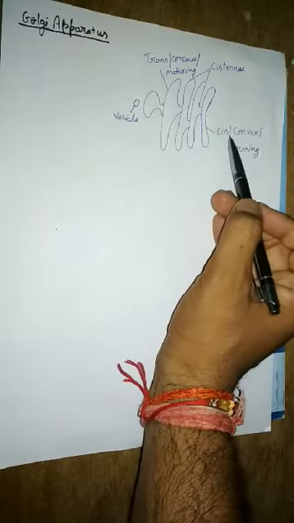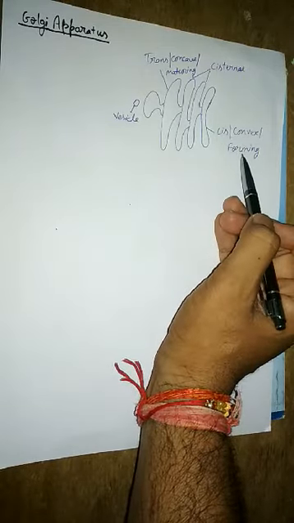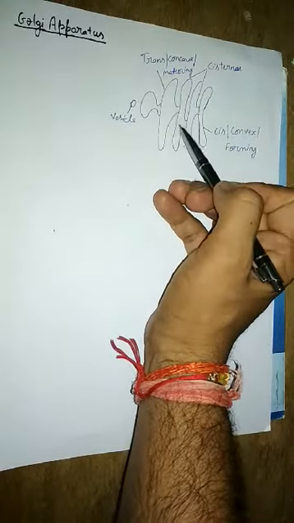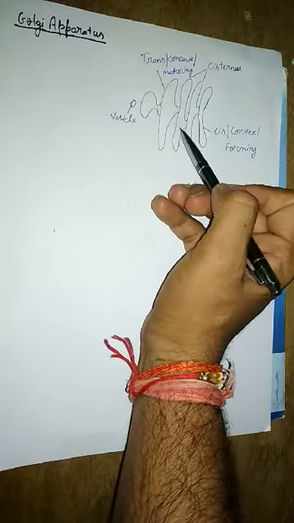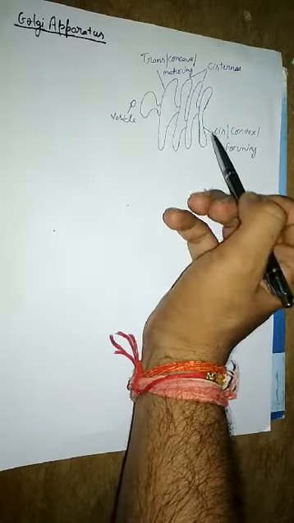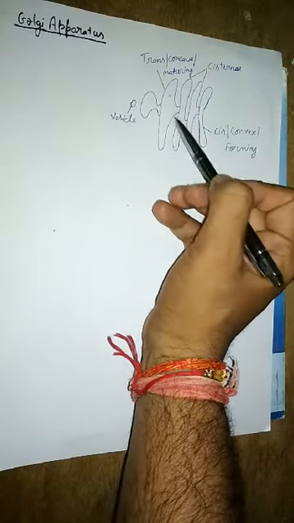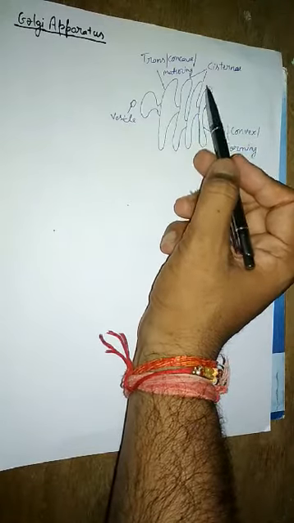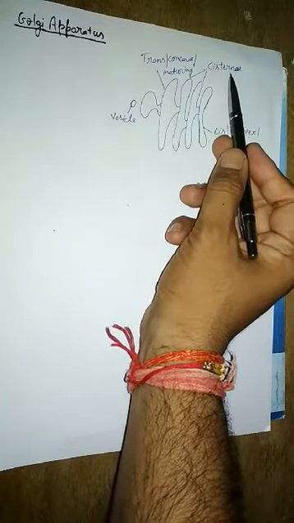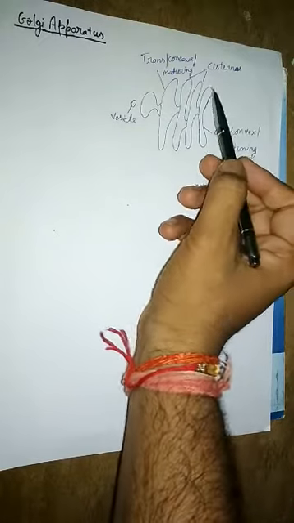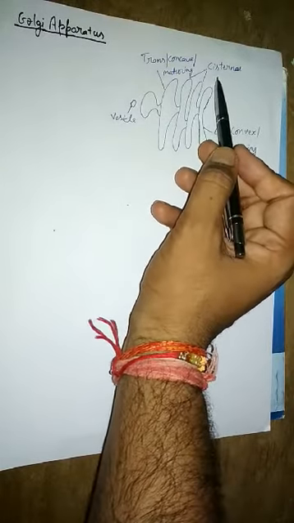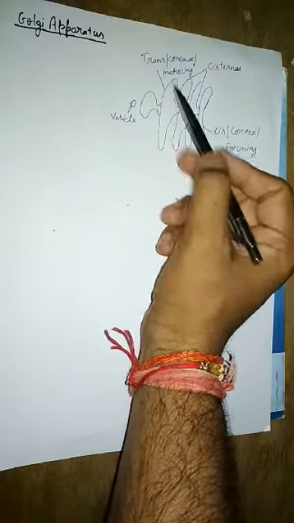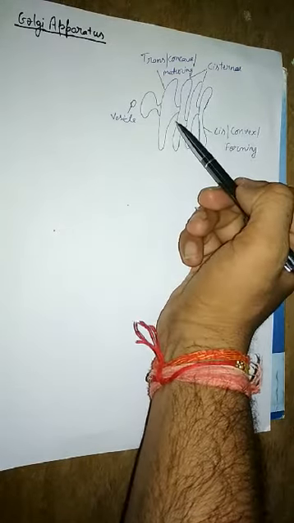So this is the cis phase, convex phase or forming phase, and then the trans phase, concave phase or maturing phase. These are two distinct phases of the Golgi apparatus, and they are connected to each other with the help of parallelly stacked structures. What are they called? Cisternae, or Golgi cisternae. The cisternae are the parallel stacked structures which connect the cis phase and the trans phase.